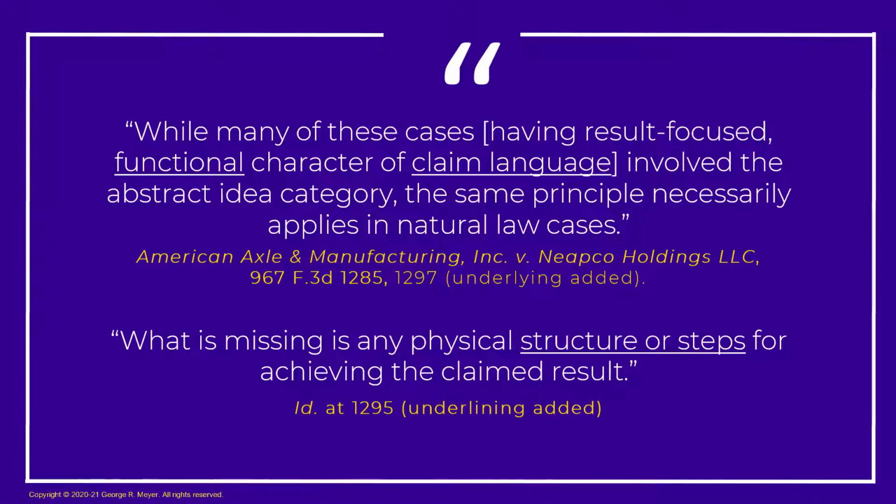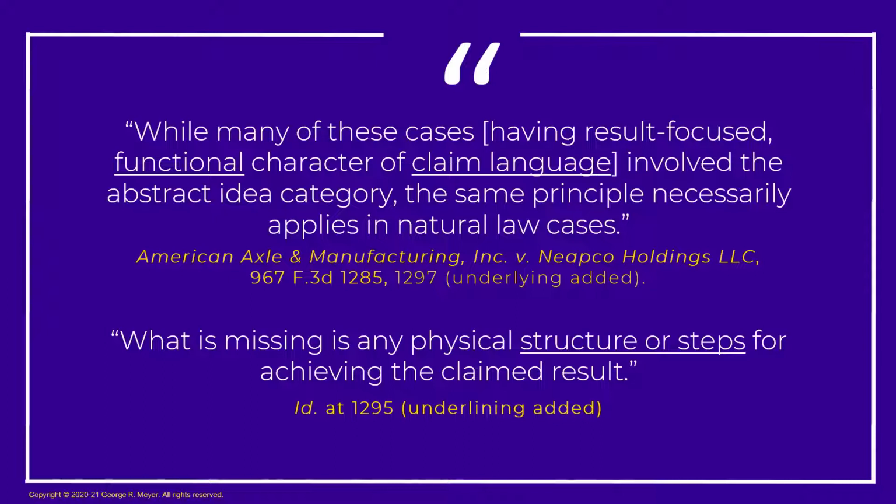Now, prior to this point in the opinion, they were talking a lot about the recent Section 101 cases, both at the Supreme Court and at the Federal Circuit. And they went on to say, while many of these cases having result-focused functional character of claim language involved the abstract idea category, the same principle necessarily applies in natural law cases.